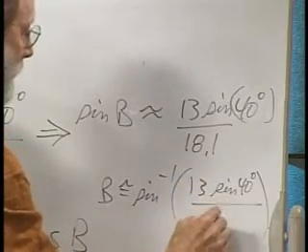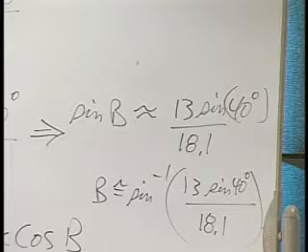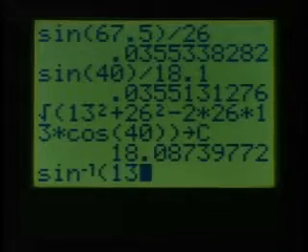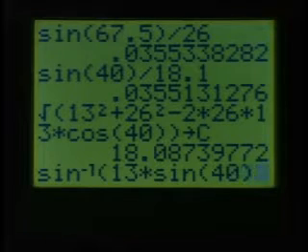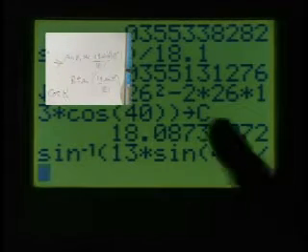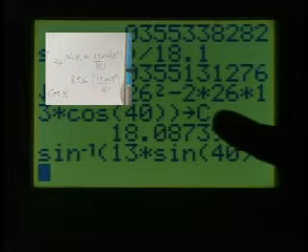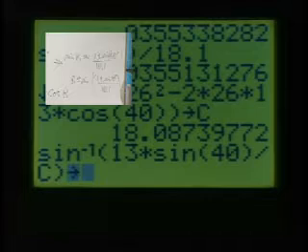So we're redoing the calculation from the other day. We're going to go inverse sine of 13 times our sine of 40 degrees divided by our value, which we have stored in the memory of the calculator under alpha C. So we go alpha C and close that parentheses. And this should be the value.